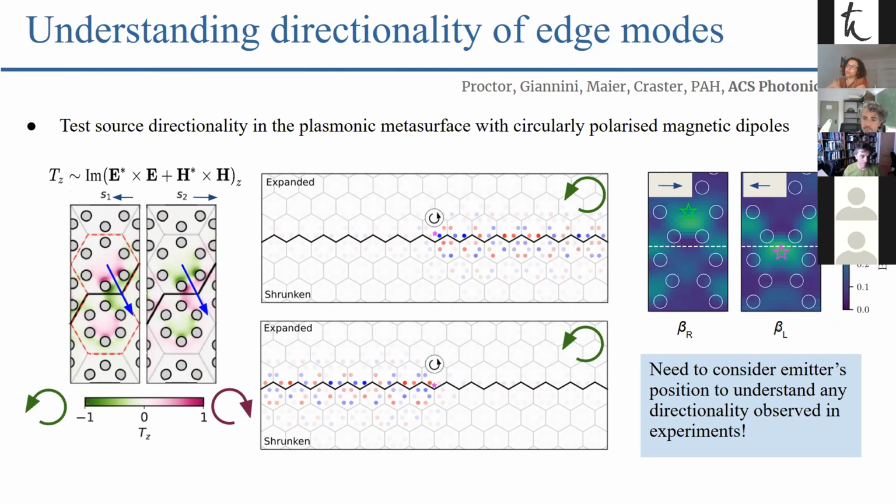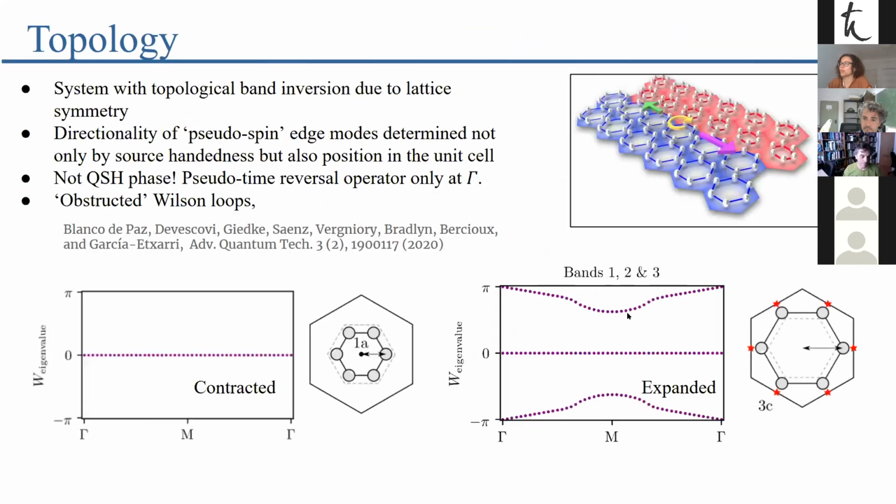So it is important to consider the emitter position to actually understand any directionality that is observed in any of these experiments. And this is very related to what the previous speaker in this session did for the valley Hall lattice. So this is something that we pointed out and that is not generally considered when speaking about this lattice. And for this reason, we think that this is not a great and exact analog of a quantum spin Hall.